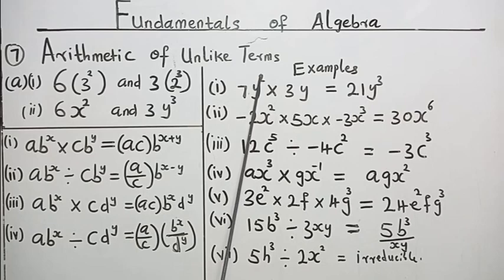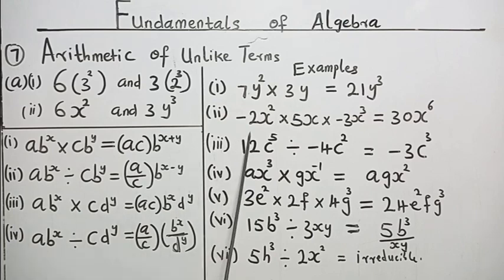Here we have power 2, here we have power 1. So our x plus y will give us 2 plus 1, and that will give us 3. Therefore, 7y to the power 2 times 3y is equal to 21y to the power 3. So based on this law, this answer is correct.